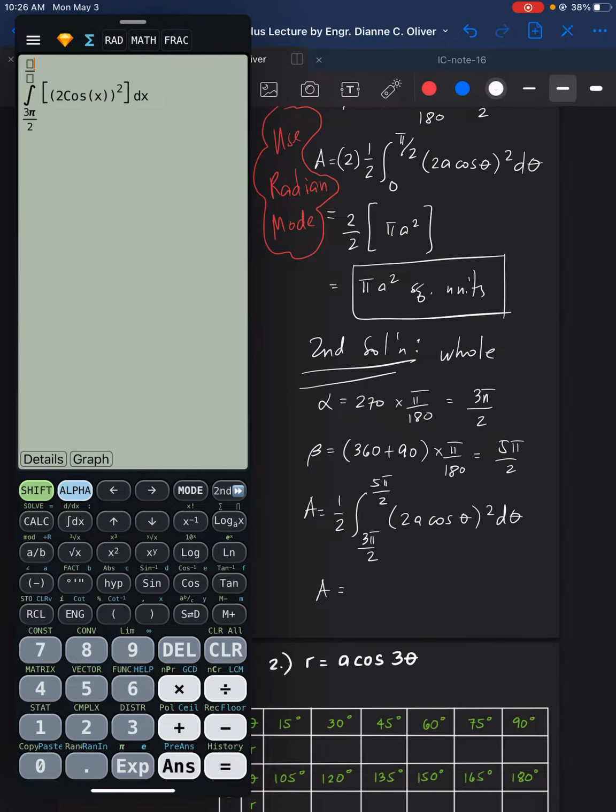Then we have here 5 shift pi over 2 equals 2 pi. So we have 1/2 times 2 pi a squared. So that is equal to, cancel 2, we have there pi a squared square units.